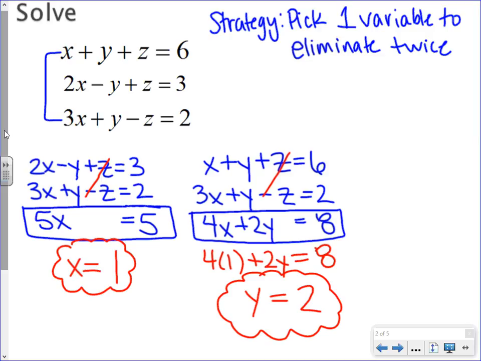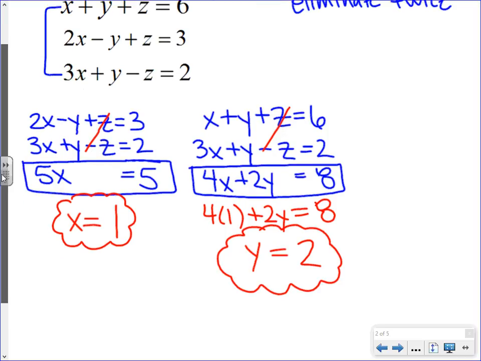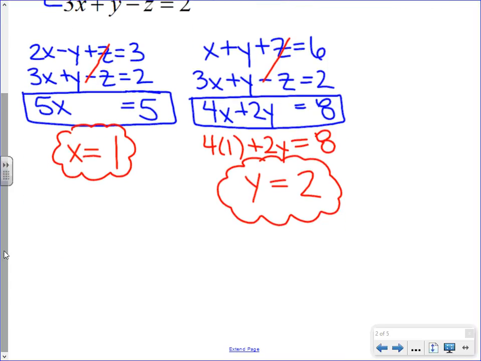What's nice is these don't have coefficients. If there's a variable that you're solving for with a coefficient of 1, that's the one to choose. Okay, so x plus y plus z equals 6.